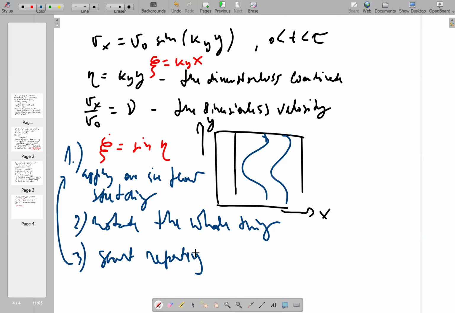But ideally, you add some randomness here as well. Right now there is no randomness: you stretch one way, rotate, apply sine flow, rotate, and so on. Ideally, that rotation angle would be arbitrary, random. But in a numerical simulation, it is very easy to rotate by 90 degrees.